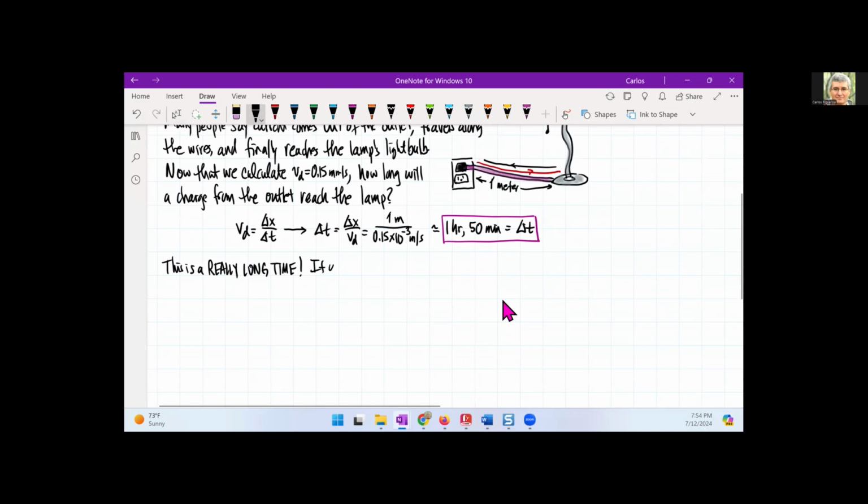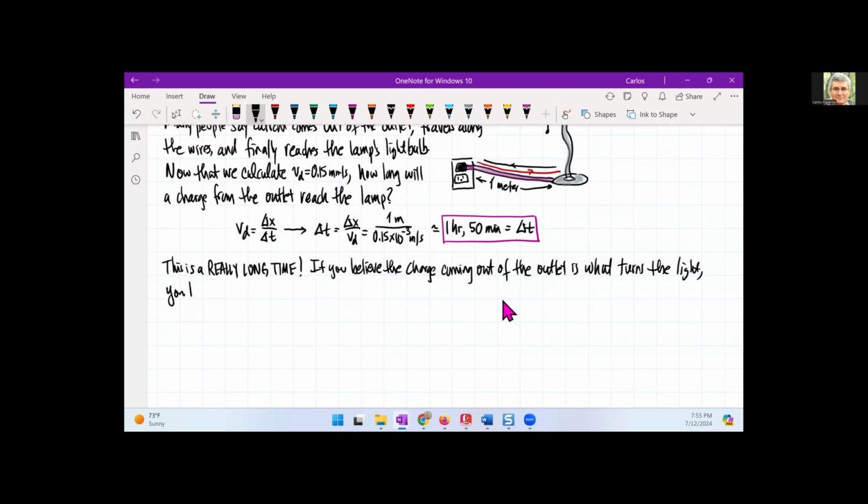So if you believe the charge coming out of the outlet is what turns on the light, you have a really big problem of explaining why the light turned on almost instantly.